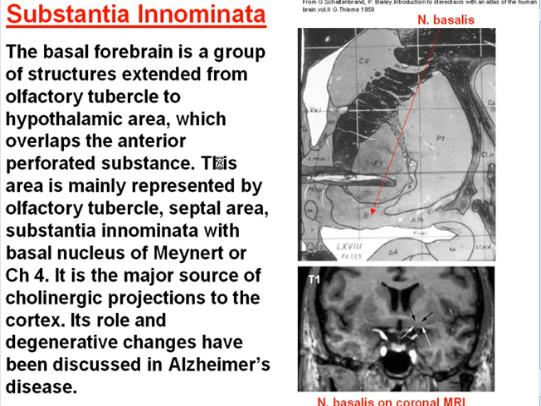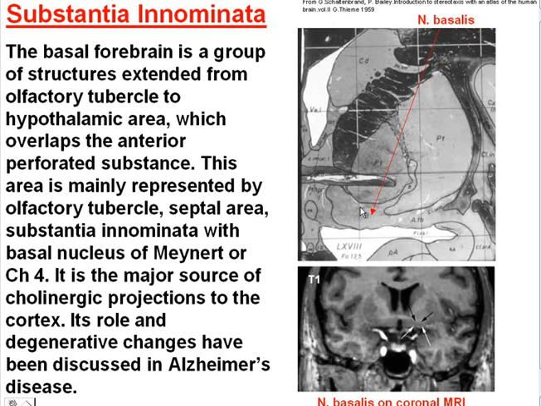Just to talk about the substantia innominata, it is the most basal forebrain group, located in the inferior portion of the anterior commissure. This includes the nucleus basalis of Meynert, or CH4, cholinergic nuclei 4.